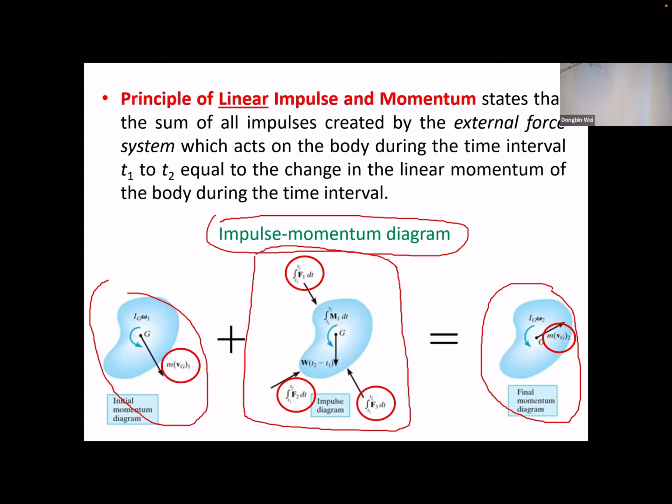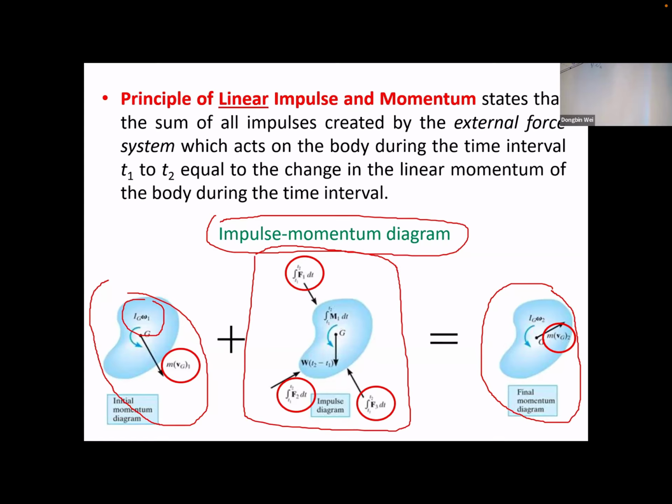In the momentum diagram, you only indicate the momentum, including linear momentum and angular momentum. The impulse diagram is basically similar to a free body diagram.